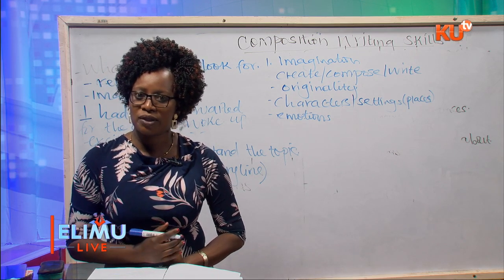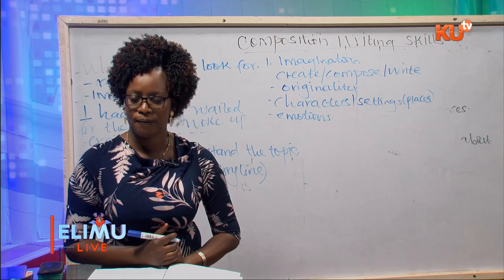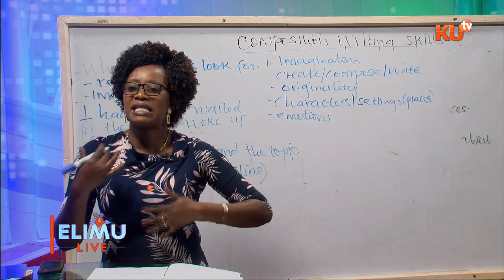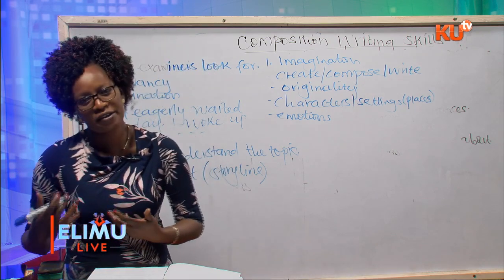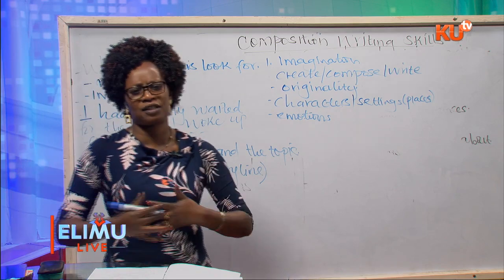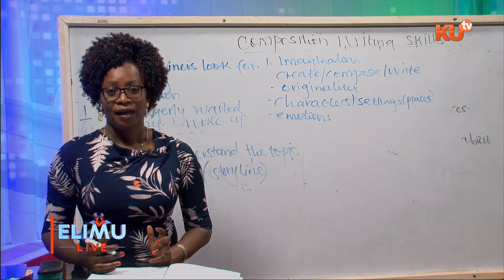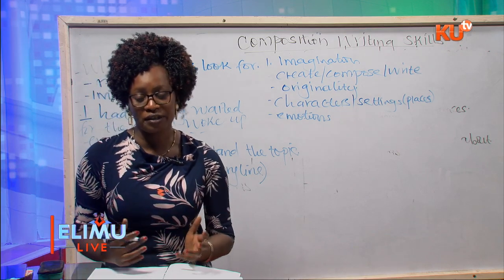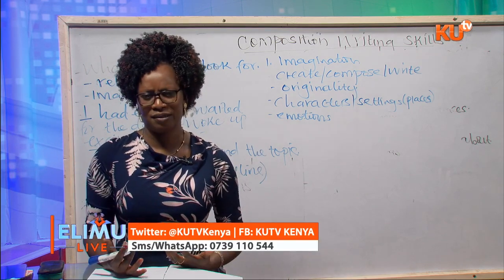Another advice I would give to our learners: create a topic that you can easily handle. A topic that you can easily write on. Don't choose a topic that is too complicated for you to write. And don't write on a topic that you have only heard about.